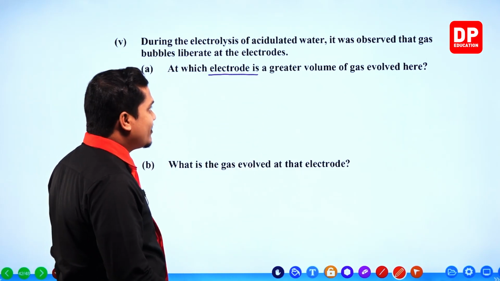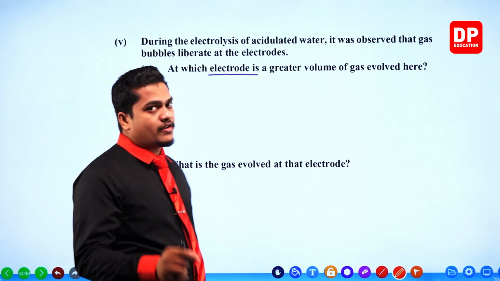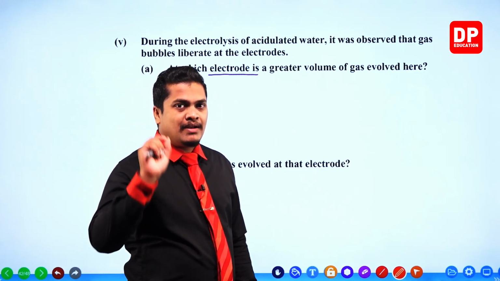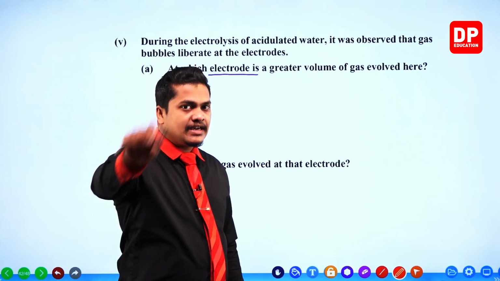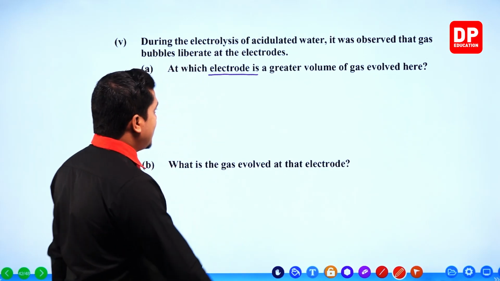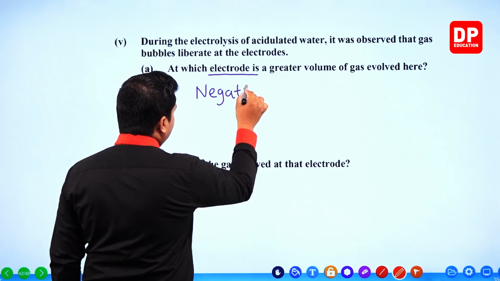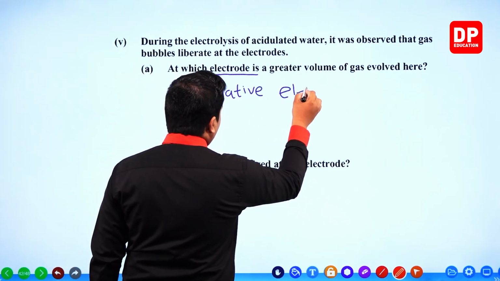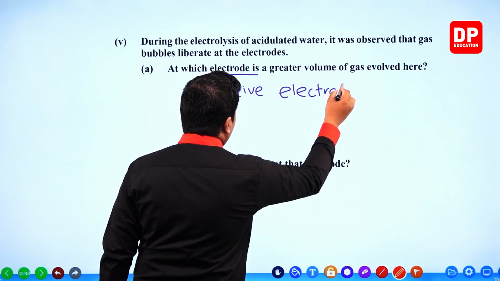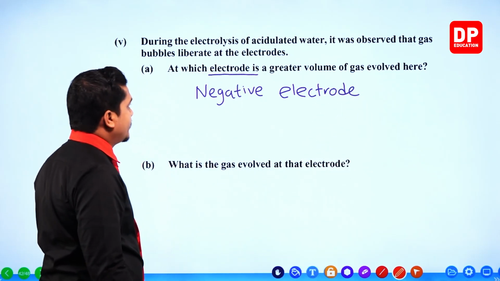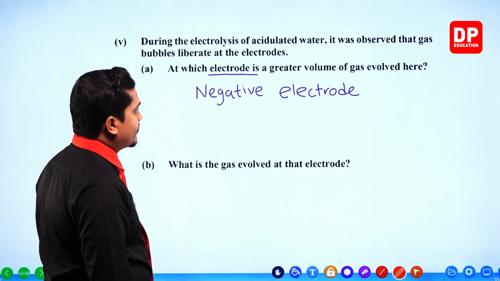Hydrogen gas is produced because of H plus ions. Positive ions are getting attracted to the negative terminal. So this is created at the negative electrode. Negative electrode is the answer.